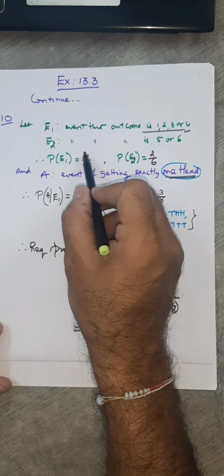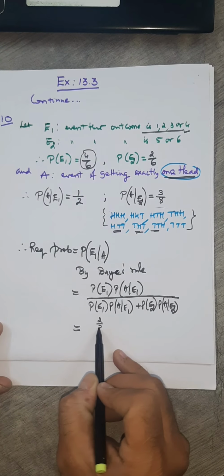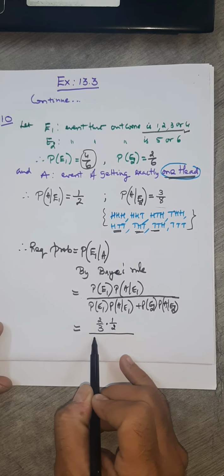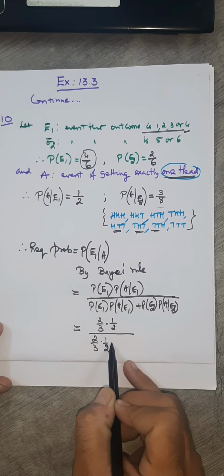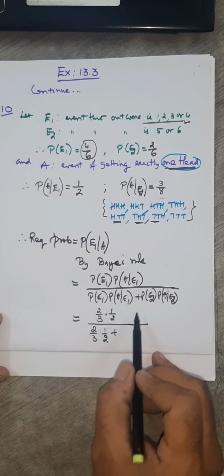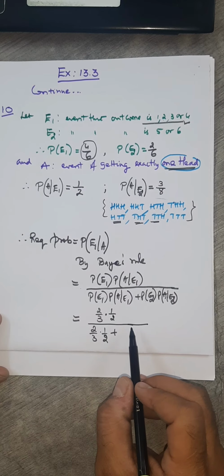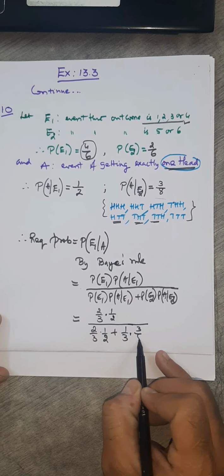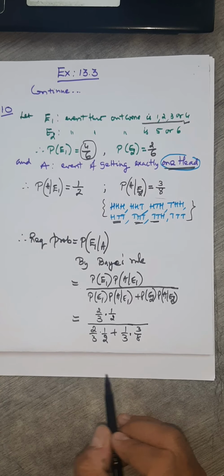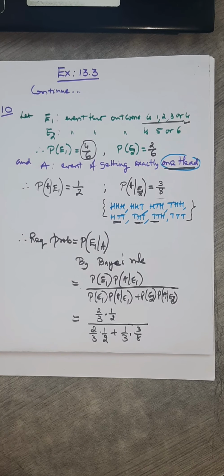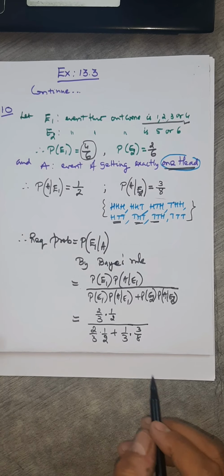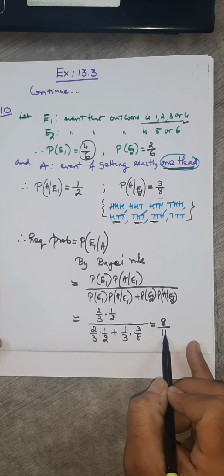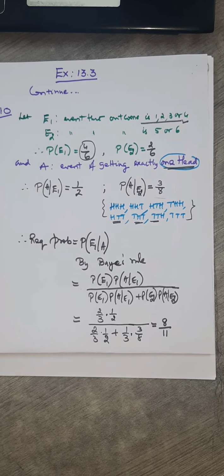That is 4 by 6, which is 2 by 3, into the conditional probability, which is 1 by 2, upon the same 2 by 3 into 1 by 2 plus P of E2. What is P of E2? That is 1 by 3 here. So 1 by 3 into this, which is 3 by 8. Let's simplify this. After the simplification, you will get the required probability. That is 8 by 11. Please do this much calculation, you will get this.